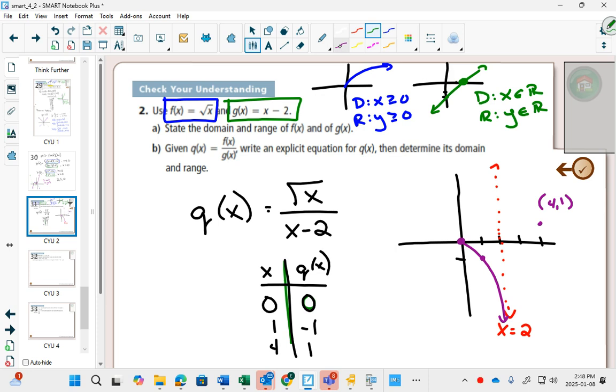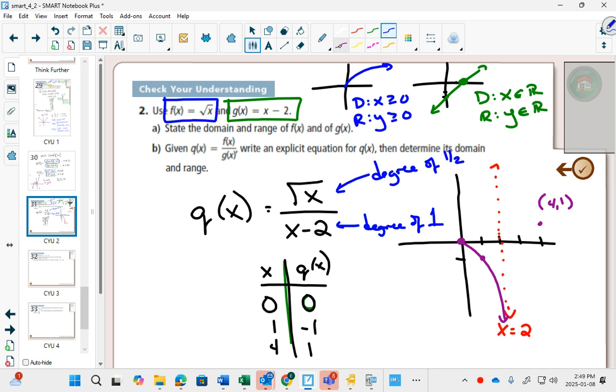With the dividing ones, we are also going to use some of the stuff we learned in chapter 2. This has a square root, which is an exponent of a half. It would have a degree of a half. And this has a degree of 1.